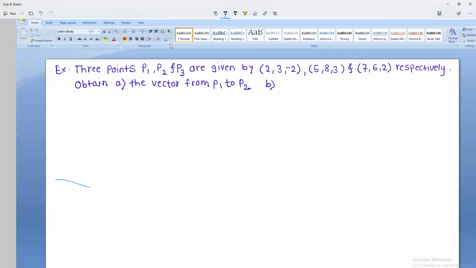Second, B is the straight line distance from P2 to P3.